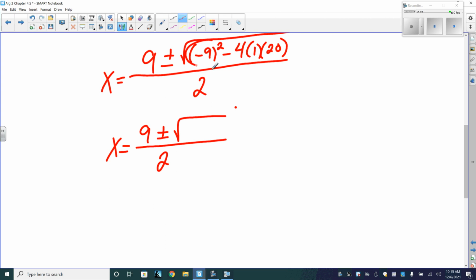Now at this point, we could plug everything that's inside the radical into the calculator first, just to make sure that this works out to be a whole number. And if we're using the TI-30XS, it doesn't work out to be a negative. Well, -9 squared is 81. 4 times 1 times 20 is 80, and 80 minus 81 is 1.